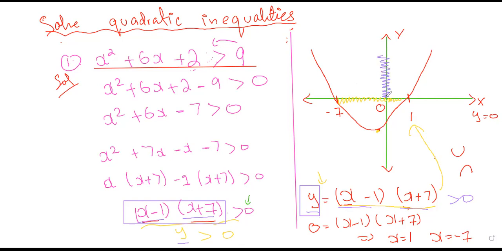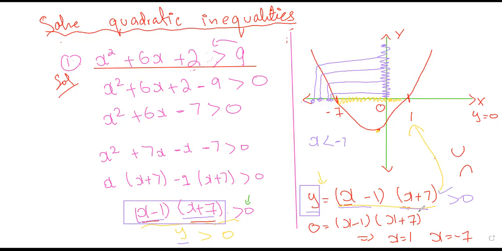Y is greater than 0 over here, right? Now, what is the value of x for y greater than 0? This, and all these values that are less than -7. Okay, I repeat. Apparently, we plotted a parabola for this equation, right?